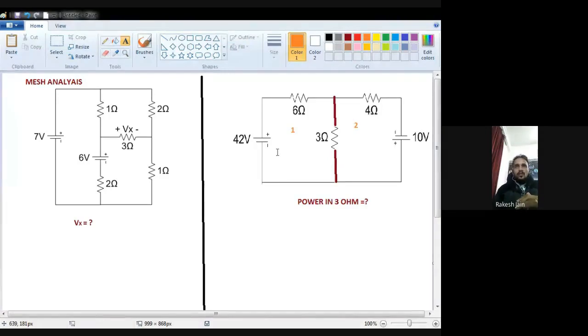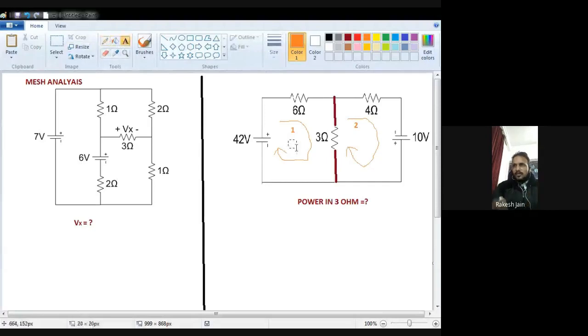So let's suppose I draw the current clockwise here in this mesh, and the same in the other, because there are two meshes.